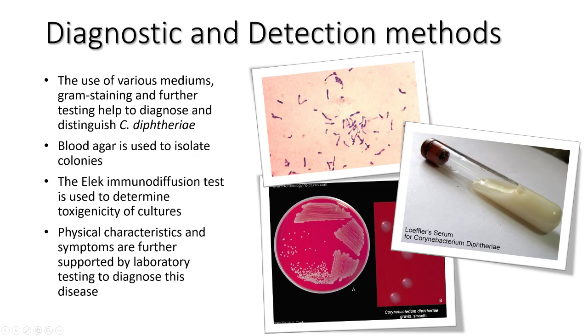And then the back of the throat of someone infected is swabbed with a sterile cotton swab. It is then grown on this blood agar medium until it is isolated. And then the next big test is the Elek immunodiffusion test, which is a lot like the Kirby-Bauer disc diffusion test, where they lay a strip covered in the antitoxin over the media of the isolated bacterium, and if it moves away from the strip, that shows that the toxin is active and that that person is infected with an active toxin.